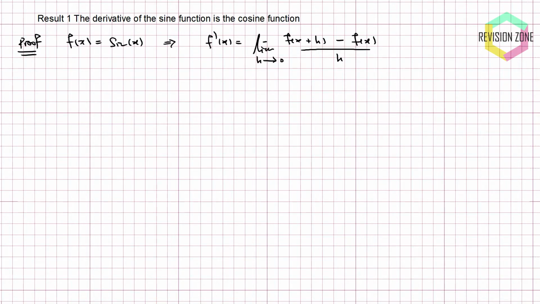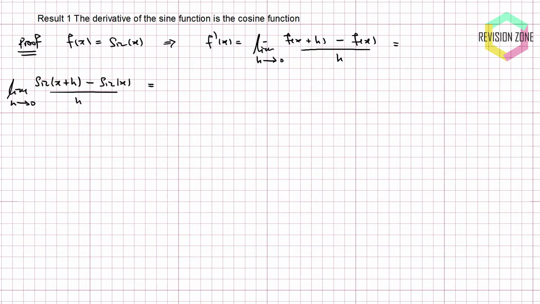So we need to write this down in terms of sine x. So f at x plus h is sine of x plus h, and then we take away sine x, and then we divide everything by h, and of course the limit is still there. Now, to be able to make progress here, we're going to need to find a way of expanding this sine of x plus h.